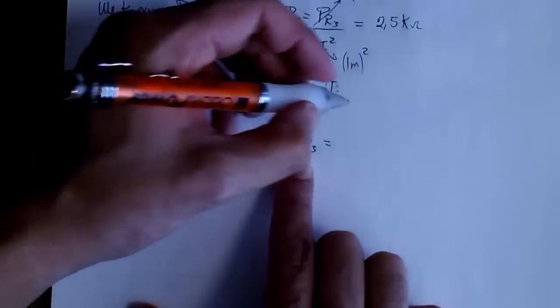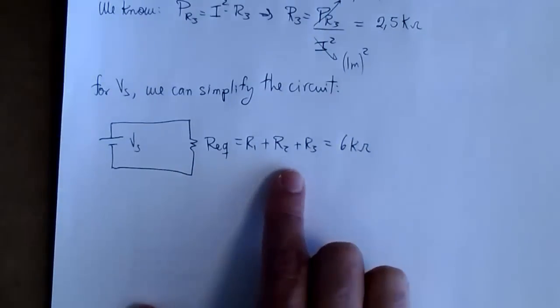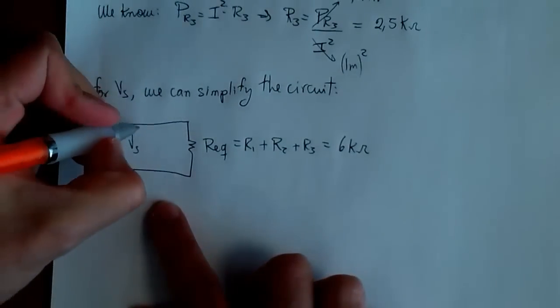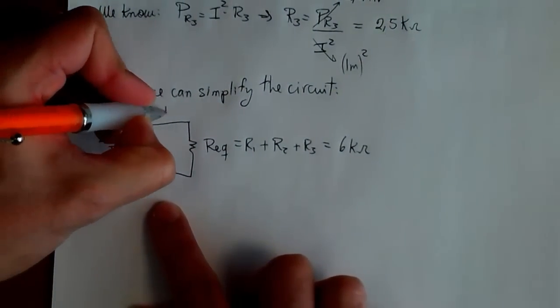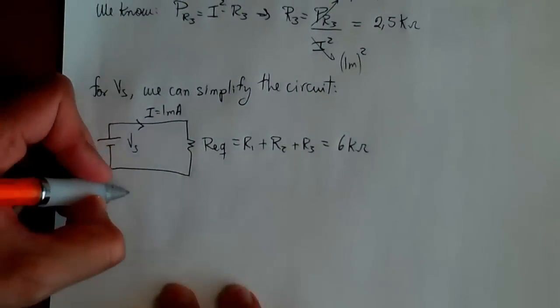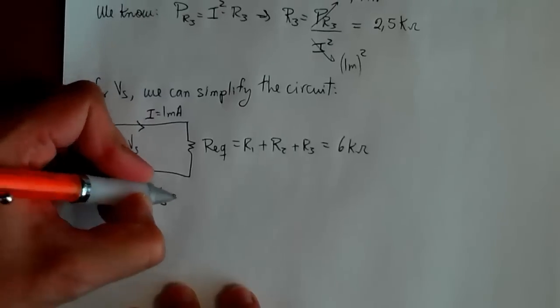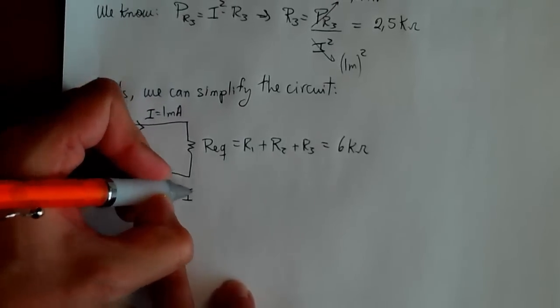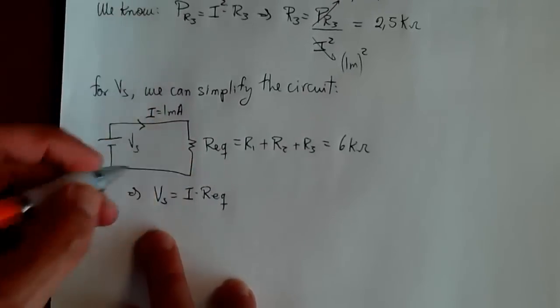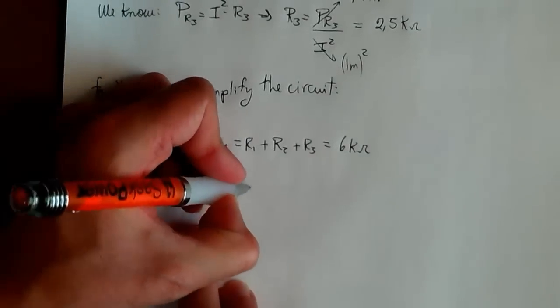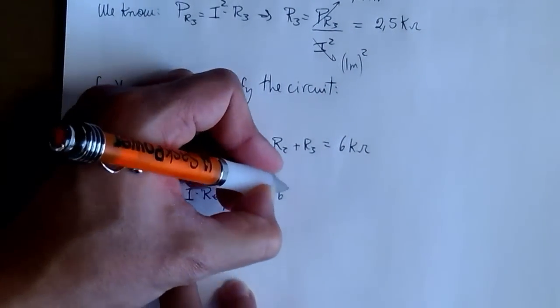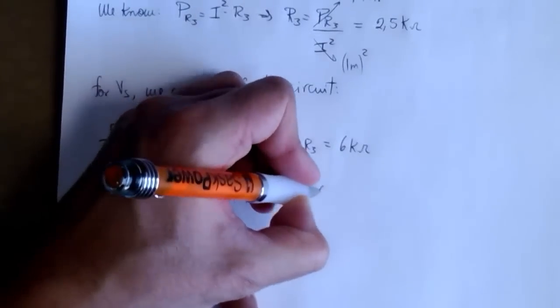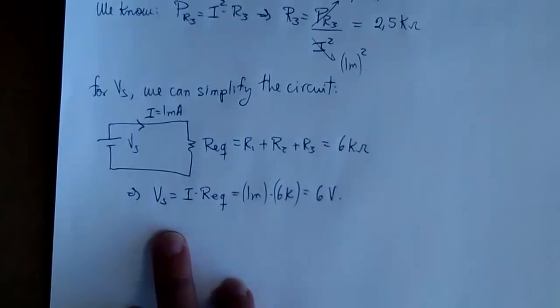And the result is going to give us here 6 kilo ohms. So now we have here the same current I, 1 milliamp, that we calculated before. So we can apply Ohm's law here to get Vs, since we know the current and we know the equivalent resistance. So this is going to be 1 milliamp times 6 kilo ohms, so we get 6 volts.